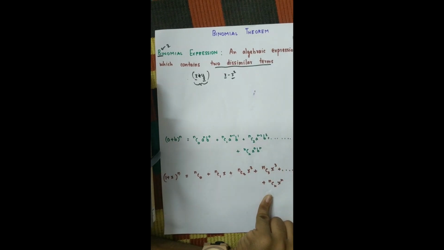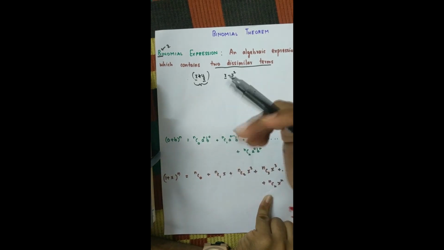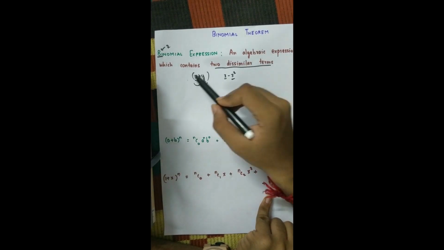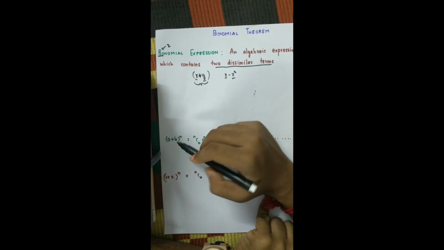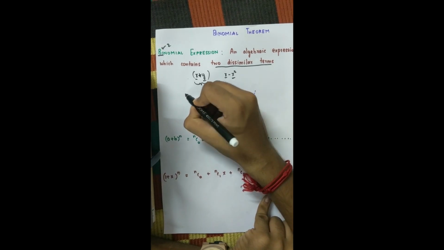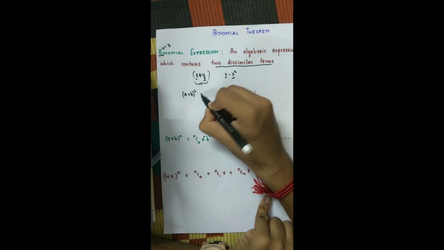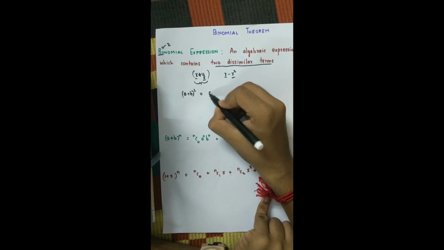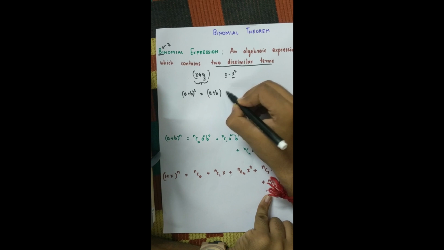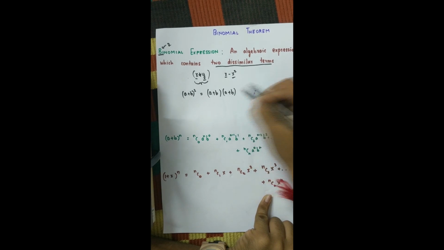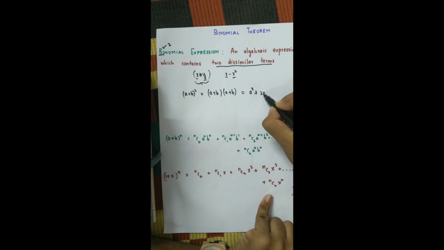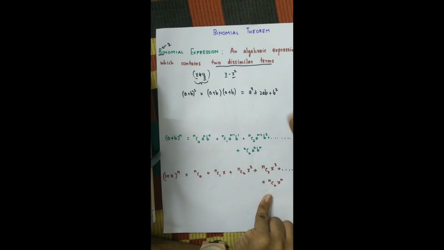Now in this topic we'll mainly focus on finding the nth power, or rather the expansion of the nth power of a binomial expression. So let's take a simple example, a plus b the whole square. Now a plus b the whole square can be found by multiplying a plus b twice, and we get a squared plus 2ab plus b squared.